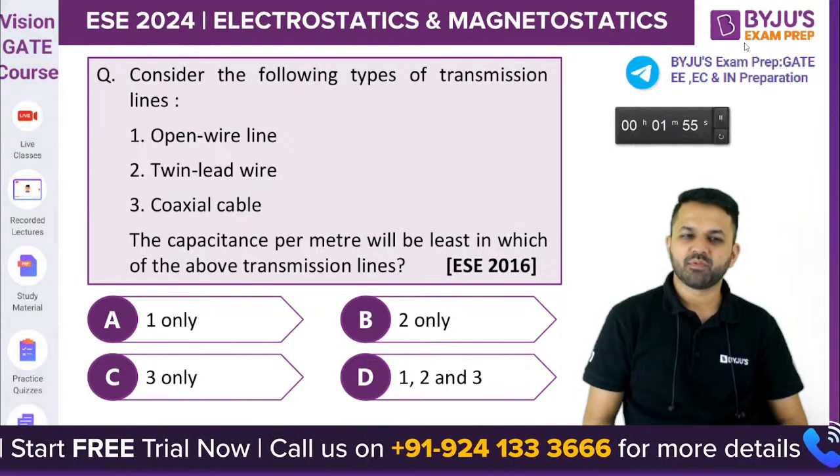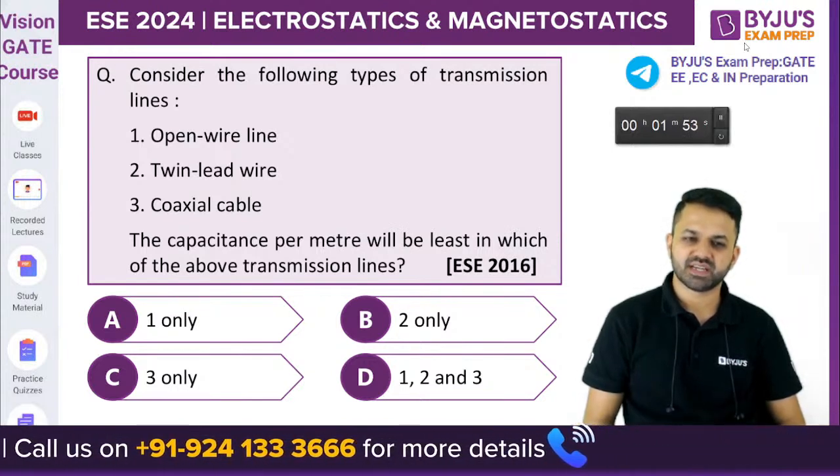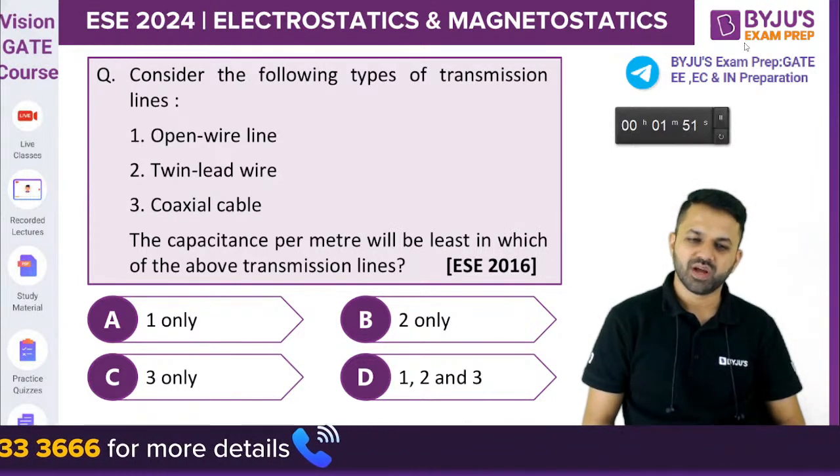Consider the following types of transmission line: open wire transmission line, twin lead wire, coaxial cable.